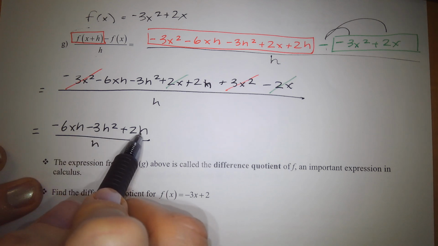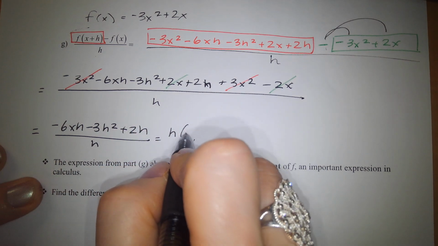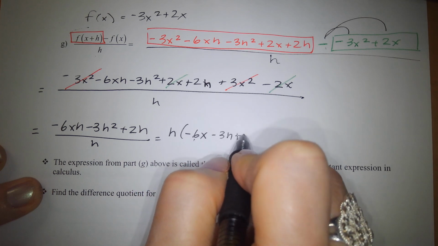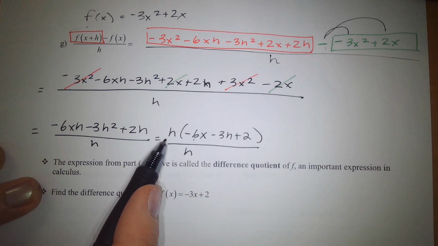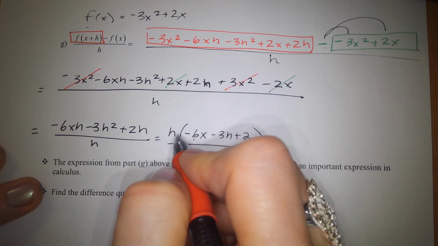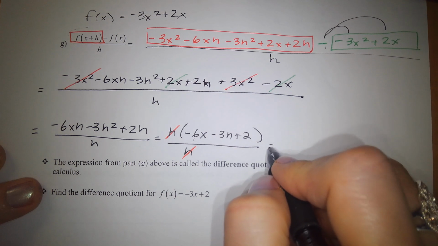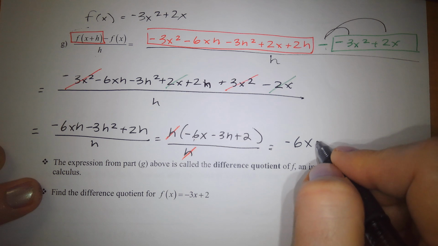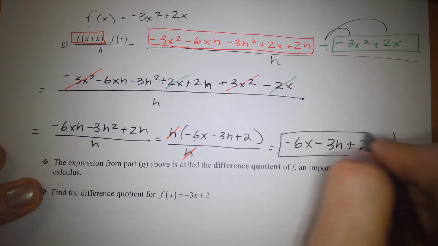If I take those h's out in front, that will leave me with negative 6x minus 3h plus 2 inside. The reason I took out the greatest common factor is because now those h's can cancel. So this completely simplifies down to negative 6x minus 3h plus 2.